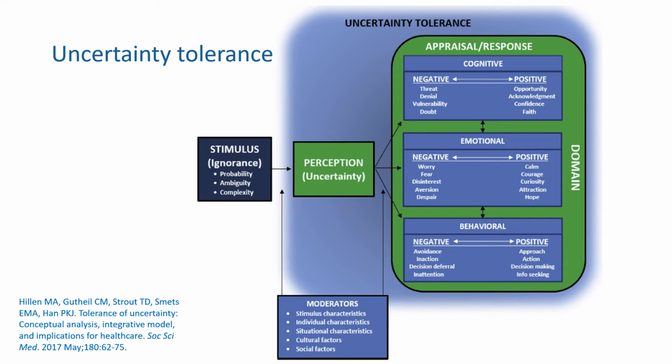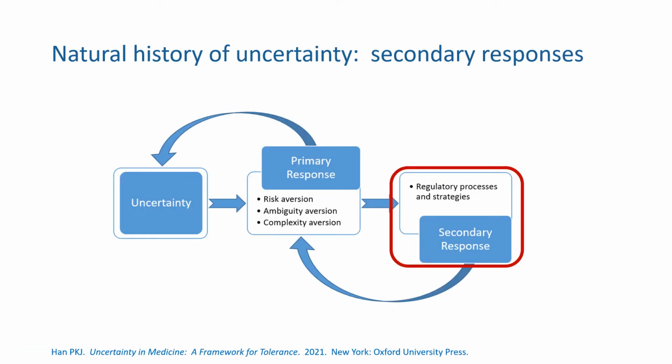Uncertainty tolerance is a concept that signifies this momentary state, but it can also refer to a trait-level propensity towards a particular balance of responses. But in this talk, I'm really focusing on uncertainty tolerance as this state of balance between negative and positive psychological responses.